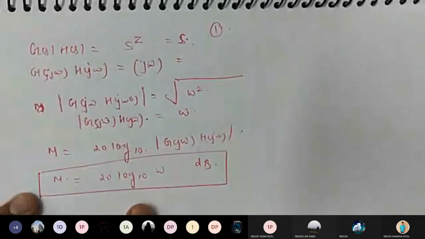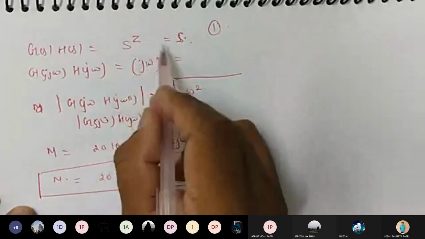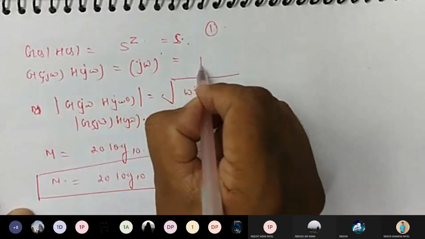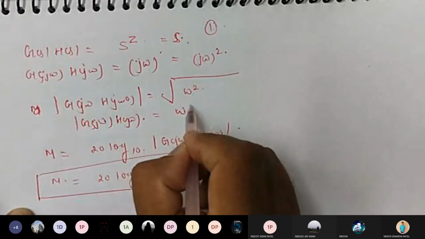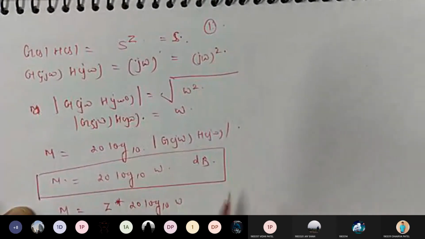So the magnitude for this is nothing but 20 log omega. For whom did I talk about this? s raised to z, sorry, s raised to 1. If it is j omega raised to z, then it will be in terms of z. So m is equal to z into 20 log 10 omega.